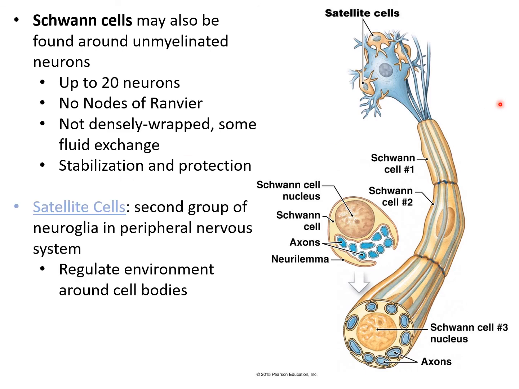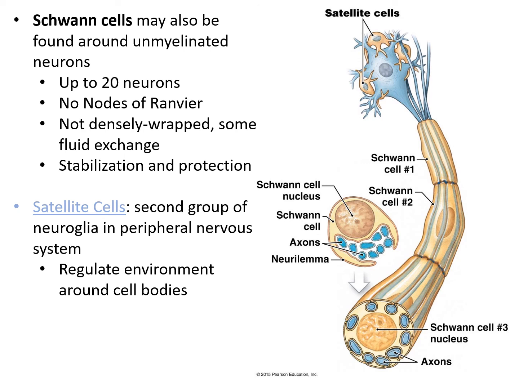Okay. Peripheral neurons, so these sensory and motor neurons within our extremities, are also associated with a second type of neuroglia called satellite cells. And we can see the satellite cells up here around the neuron cell body. These are surely the most poorly understood of all of the neuroglia.